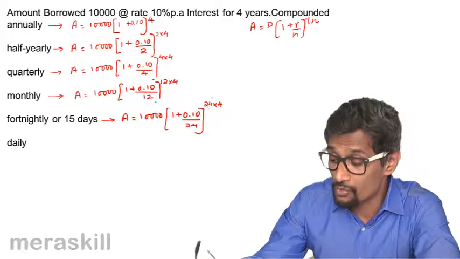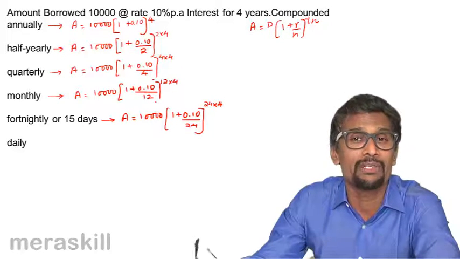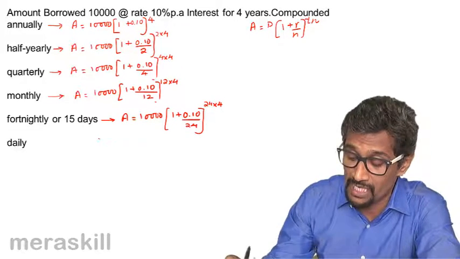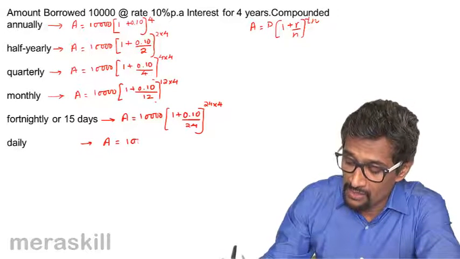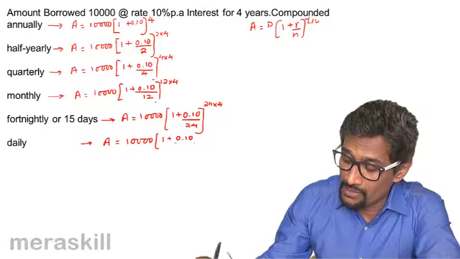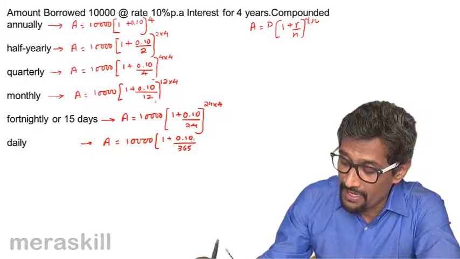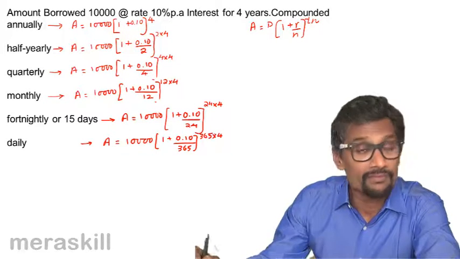This number tells how many times it will be compounded in that given period of time. And if it is done daily, the amount is going to be the same principal, 1 plus 0.10 upon 365 raised to 365 into 4.